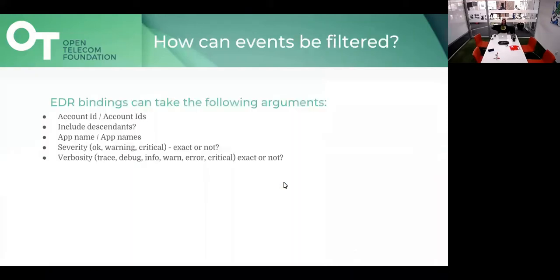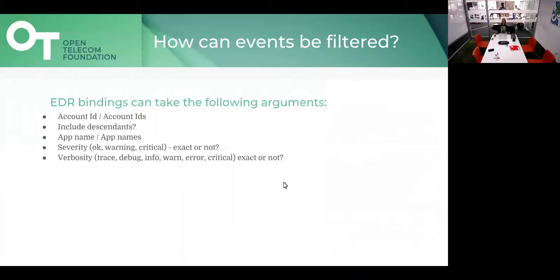Currently, the filtering is a bit limited with EDR. You can filter by a specific account ID or a list of account IDs. You can specify whether events for descendants of that account should be included, which is useful if you want all events for a specific part of the account hierarchy.